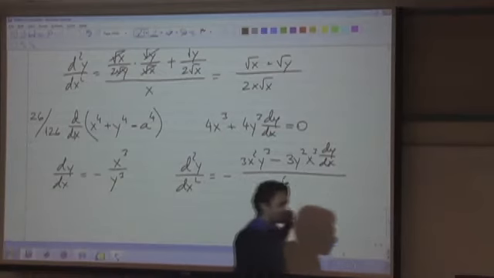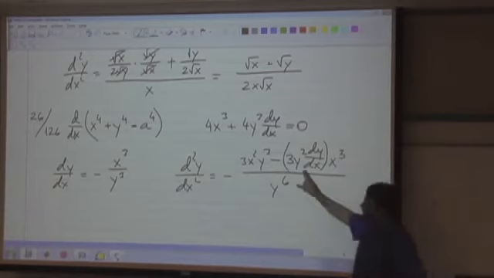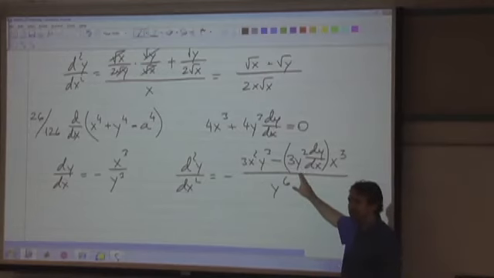And maybe I should write it this way, since it seems to be confusion. Times dy over dx times x cubed. And the quantity in the parentheses is the derivative of y cubed. Does that make sense?